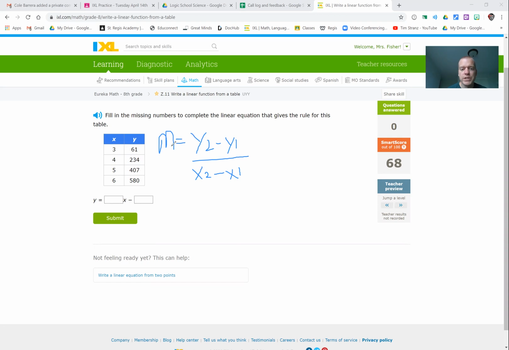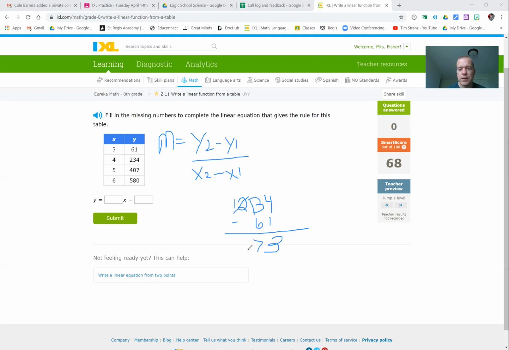So if we do y2, the second y right here, minus the first y. So we're going to do 234 minus 61. Okay, so this would be 3. This is going to cancel out, make it a 1. This is going to be 13 minus 6 is 7.